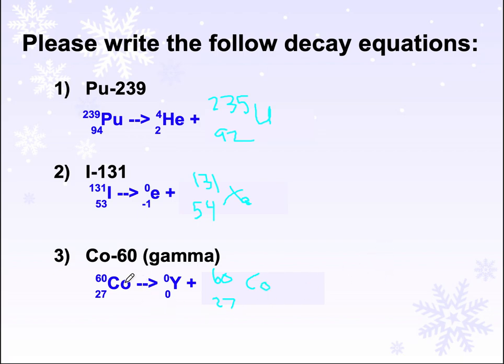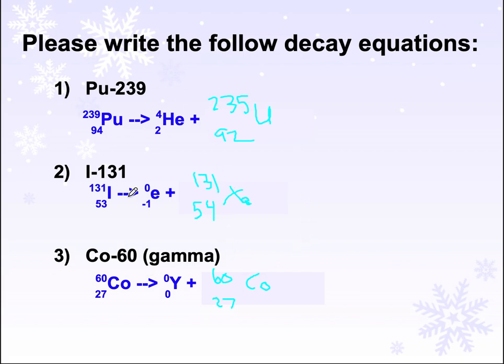So cobalt-60, when it breaks down, is literally just going to give off this energy. And remember, gamma is dangerous because it has the most penetrating power. It will penetrate concrete or your body or something else and mess it up because it's so high energy.